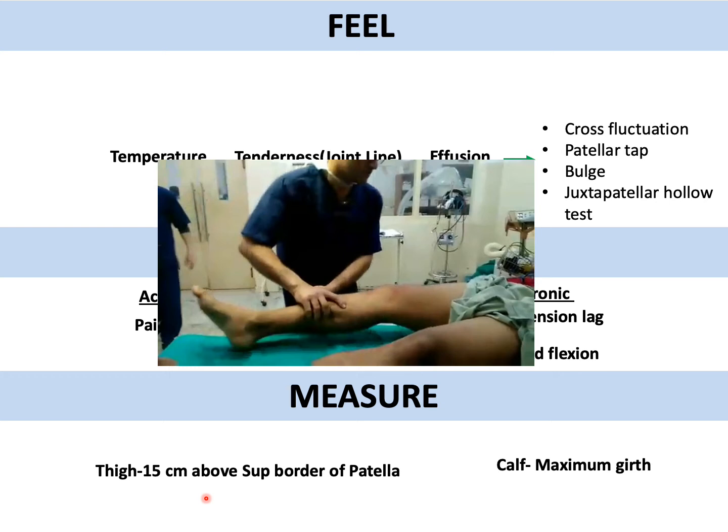That's because the suprapatellar pouch extends all the way up to 15 centimeters proximal to the superior border of the patella. So if there is effusion, it extends up to 15 centimeters. And if we measure within this 15 centimeters, we may get a false impression of increased bulk of the thigh muscles. So we want to go above.